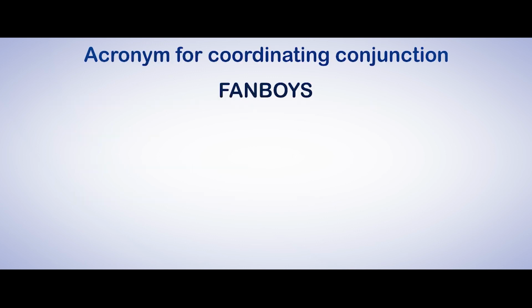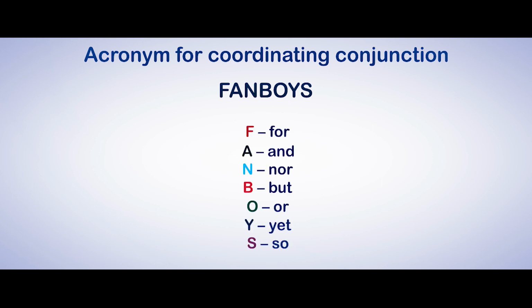Then we have the acronym for coordinating conjunctions, and the acronym FANBOYS will help you remember this. So F stands for for, and A for and, and then N for nor, then we have B for but, and O for or, and Y for yet, and S for so. So if you remember FANBOYS, coordinating conjunctions can be remembered very easily, and always remember not to capitalize them.